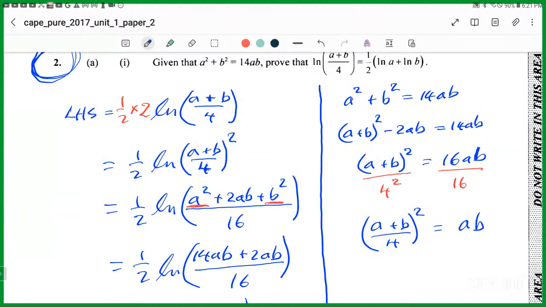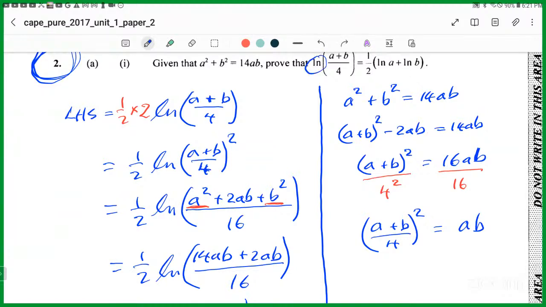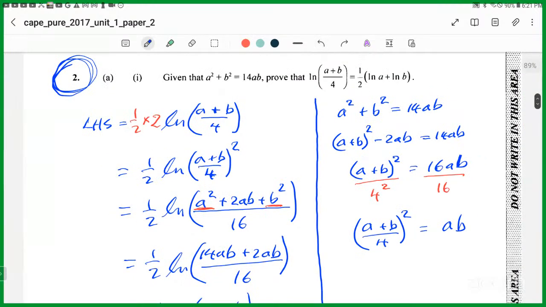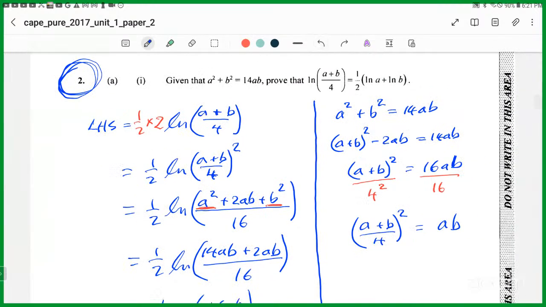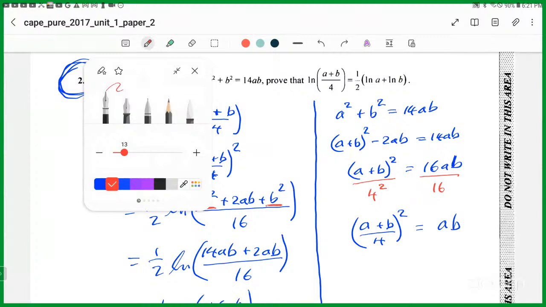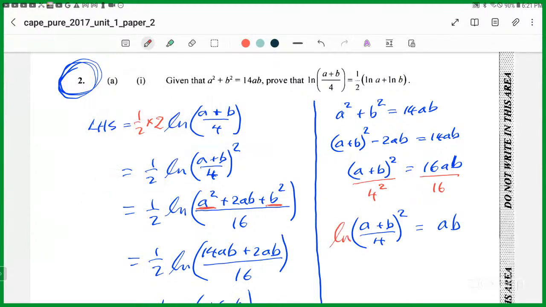And then now, introduce the ln. I'm going to take the ln of both sides, ln this side and ln that side. I'm now taking ln of both sides in red.